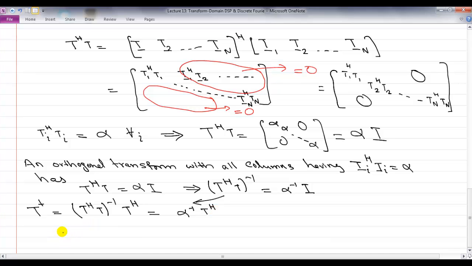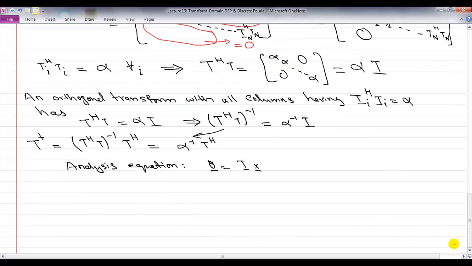So if I now talk about orthogonal transforms with inner product of columns equal, then the analysis equation of course stays the same. There is no advantage of using an orthogonal transform in the analysis equation. I have theta equal to T times X. But let's look at the synthesis equation in that case.